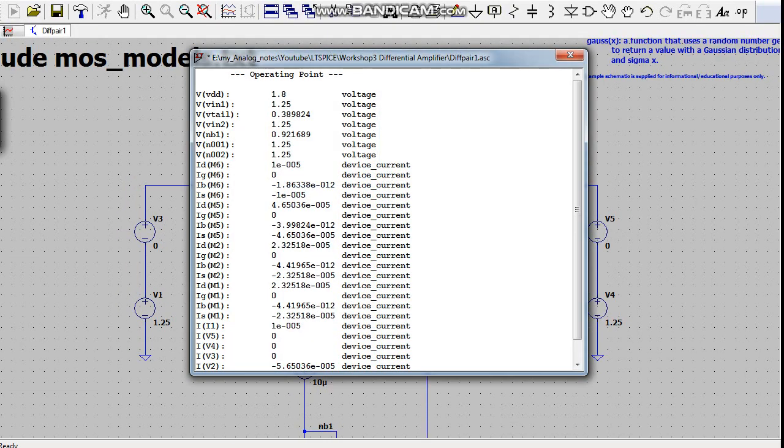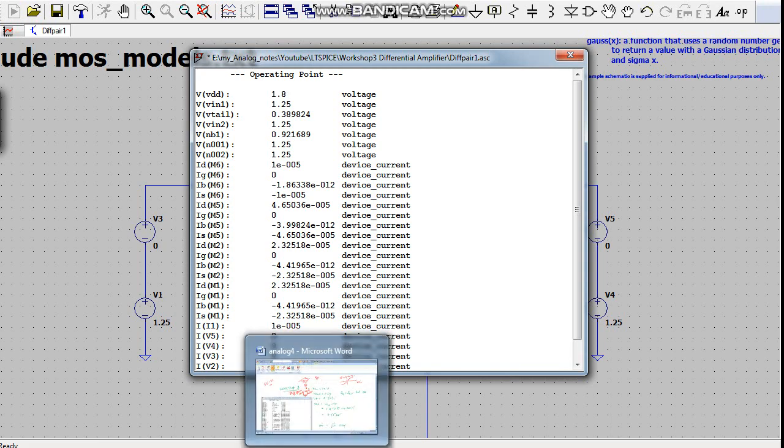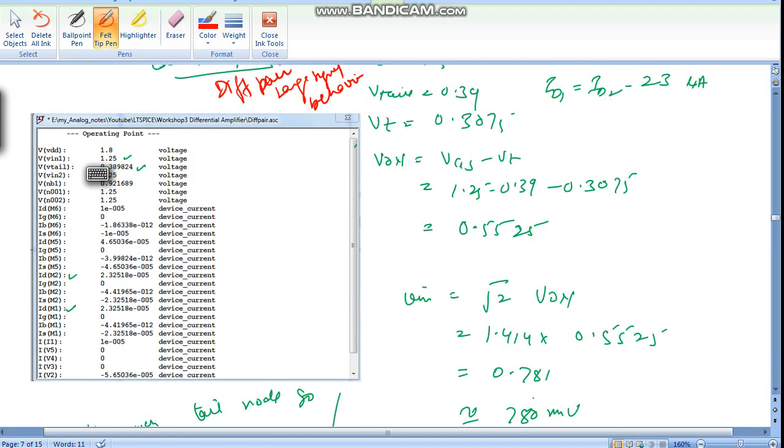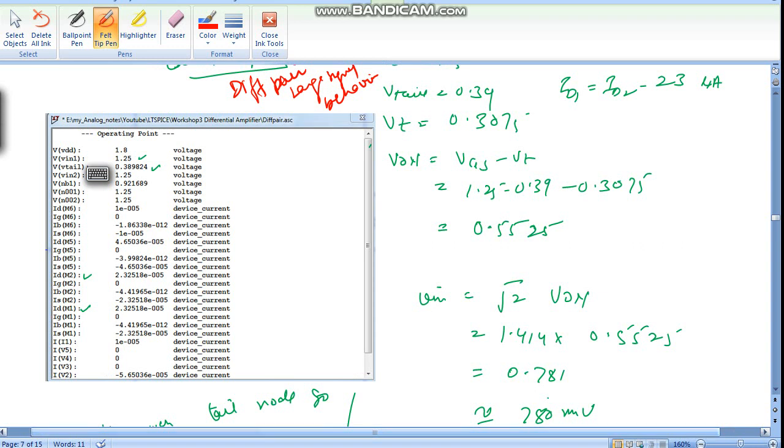This is the OP simulation. I have already done this simulation and copied the results here. We can observe that VDD is 1.8, Vin1 is 1.25, Vin2 is 1.25, both are 1.25, and Vtail is at 389 or 390 millivolt.